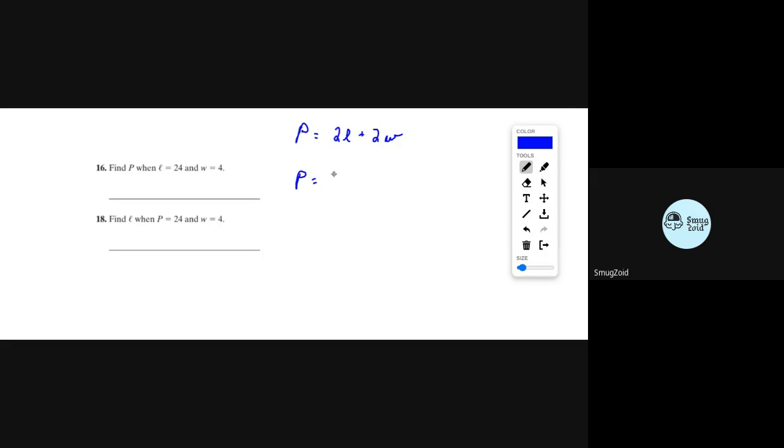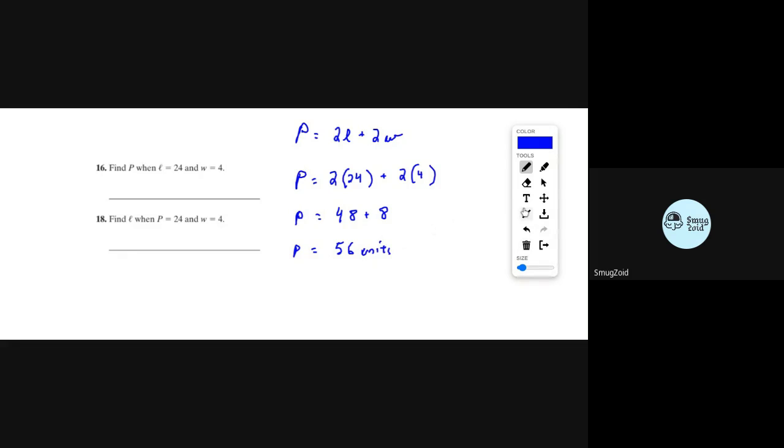Perimeter equals 2, and what's my L, times 24 plus 2 times 4. So my perimeter equals, I multiply these out, it's 48 plus 8. Perimeter equals 56 units. Notice how they're not squared, right? Because you'd have to have 24 times 24 to be squared, but it's not. It's just units, right? So if it was meters, it'd just be meters. Centimeters would just be centimeters, right?